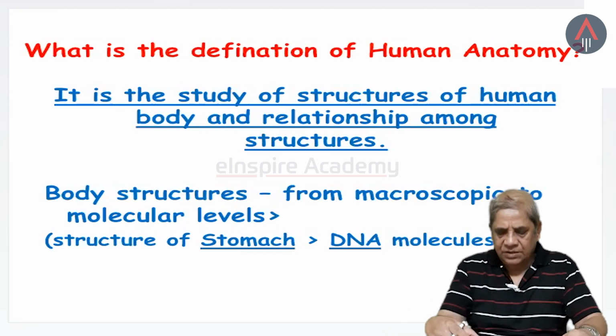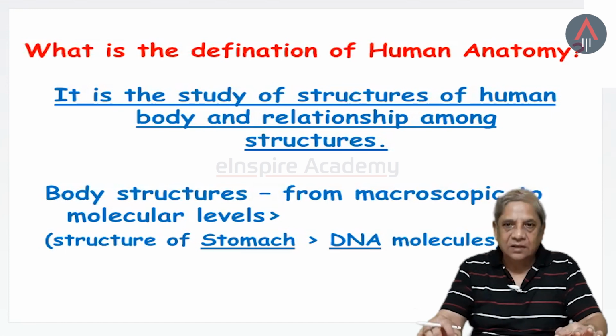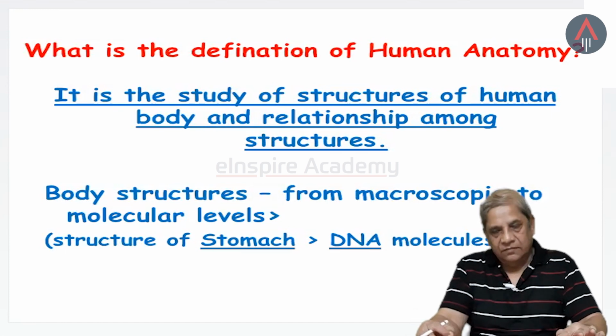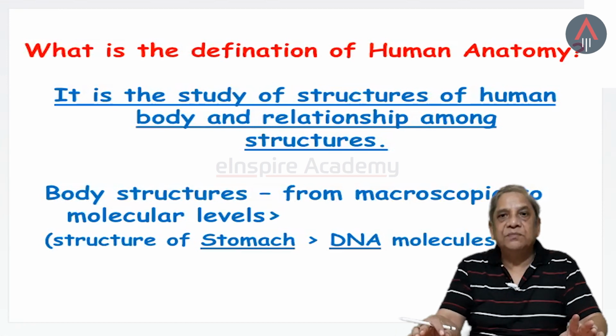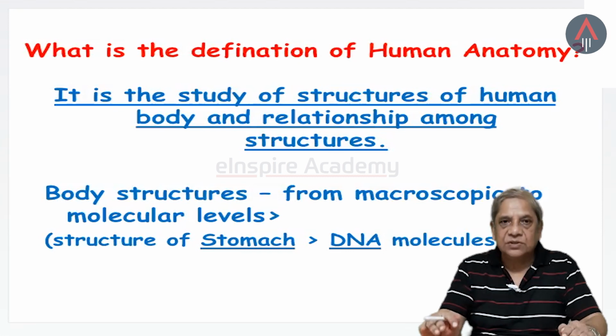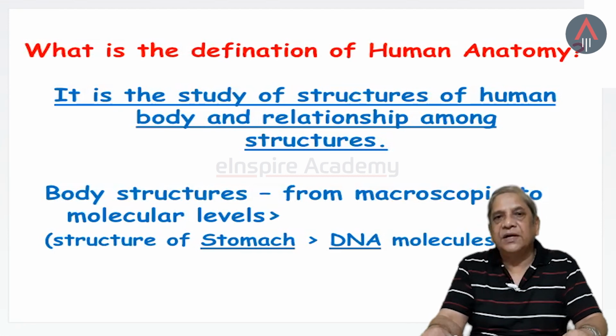But then the structure also means you have to learn the structure of a body organ or any blood vessel with the help of the microscope. That means you will have to learn the structure which is not seen by the naked eye, and you will have to use the microscope.